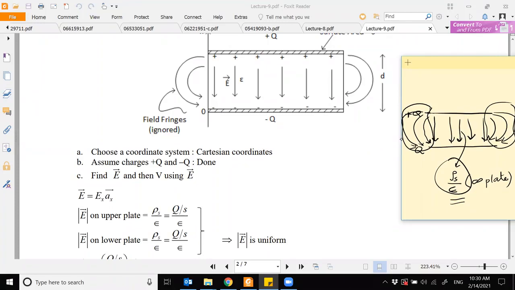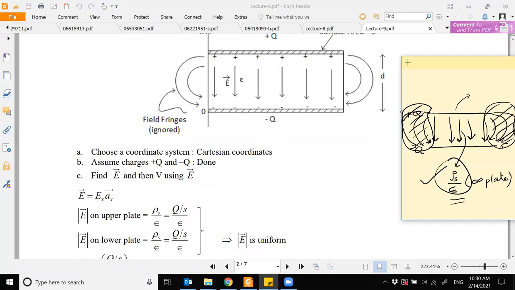However, in our problem, we are assuming that our sheets are infinite, so we are just neglecting these field fringes. And that's why we are using this expression. Okay? Done? And what will be the expression for the electric field for these fringes?